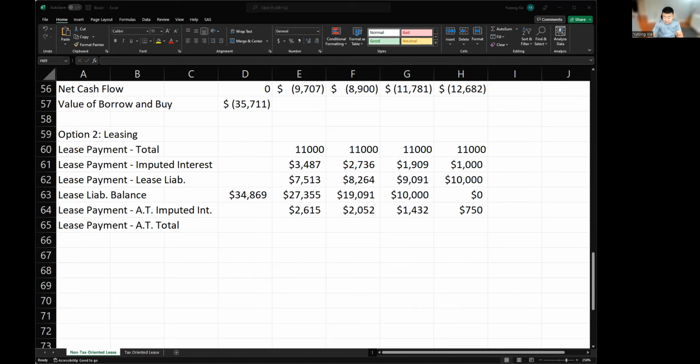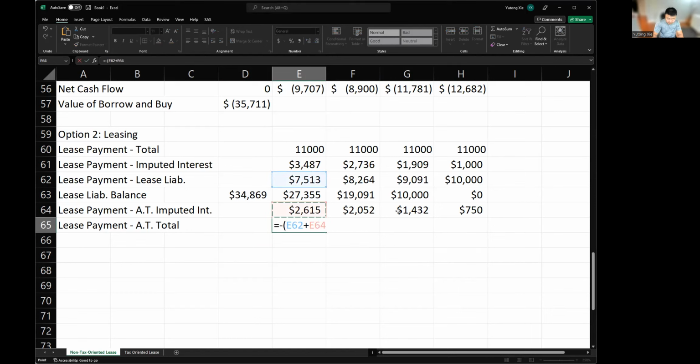Okay, so the total payment, I'll just use equals to minus the lease liability payment plus after-tax imputed interest. Okay, like this.